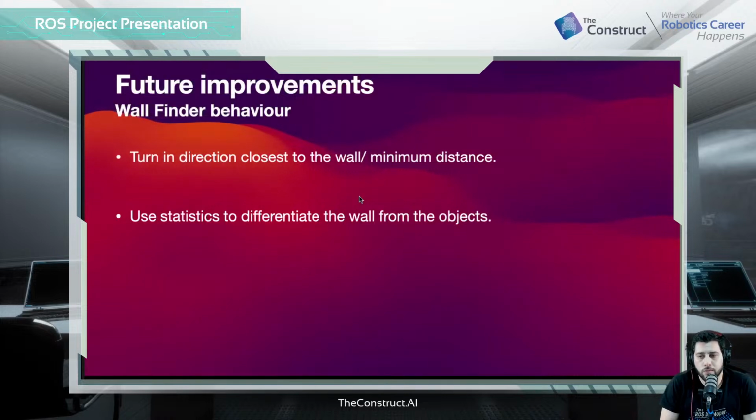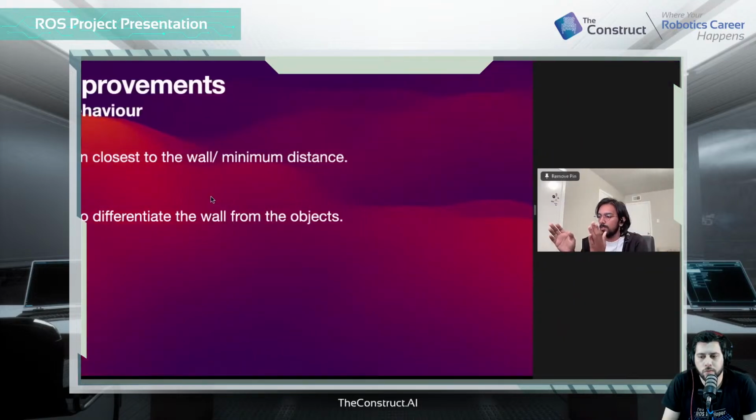But I got a pretty good outcome using a Gaussian curve. What I would do is plot the Gaussian curve for the entire laser index, and in a Gaussian curve there are standard deviations.